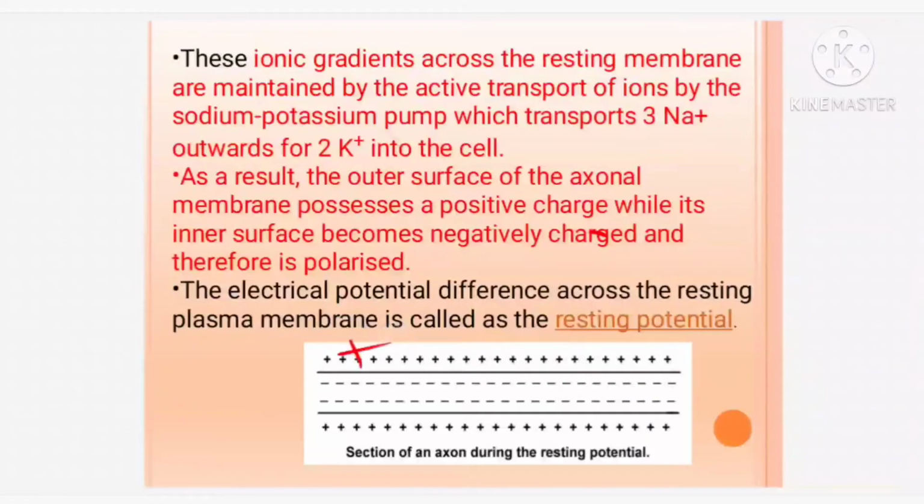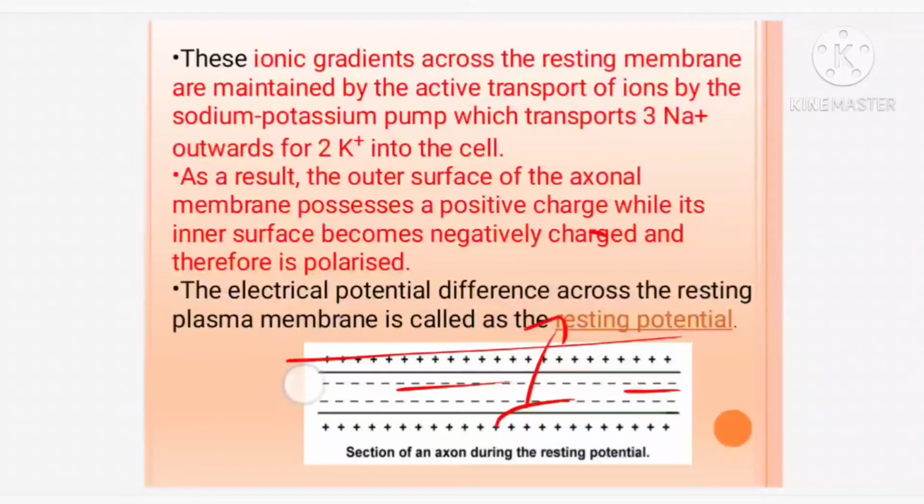Because 3 sodium ions are pumped out and sodium cannot get in, and only 2 potassium ions are moving in while 3 are moving out. So only 2 positive charges are getting in, 3 are moving out. So automatically the positive charge outside will be more and inside will be less. And since the negatively charged proteins cannot go out, the negative concentration inside will increase.